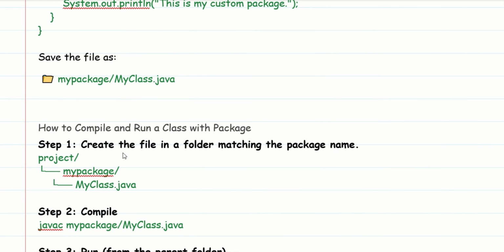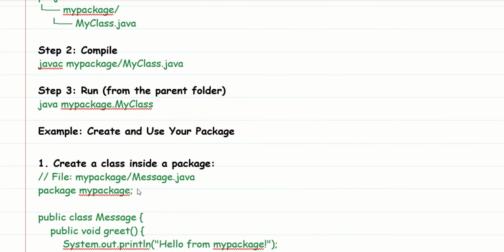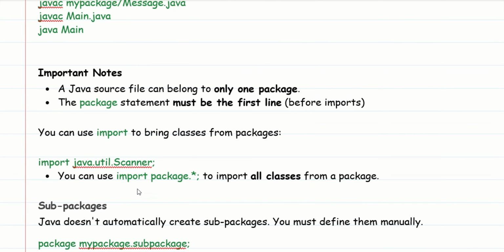You create the file in a folder matching the package name, then compile it, then run your class as package dot my class. Usually, whenever you want to use a scanner, you have to import some classes, right? Those are all within the Java package itself. These are the ways to create the package. This can be done through the UI as well, and I will show it in the IDE itself.